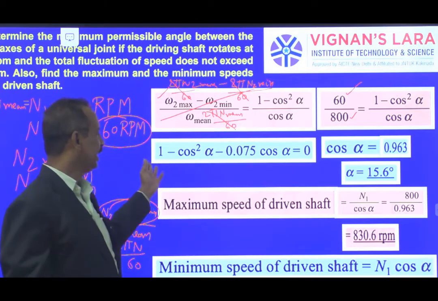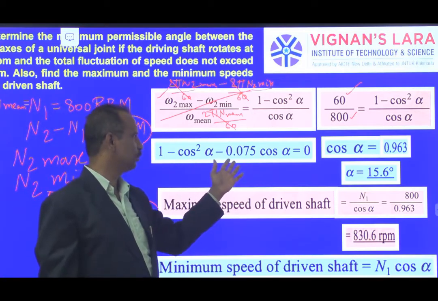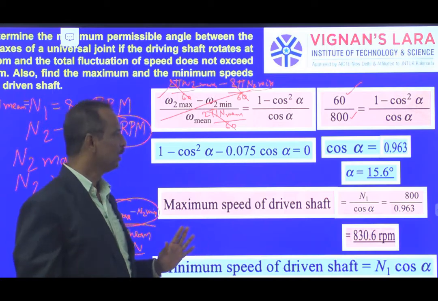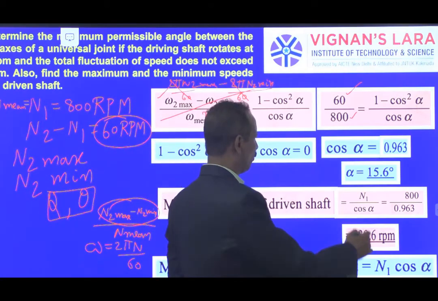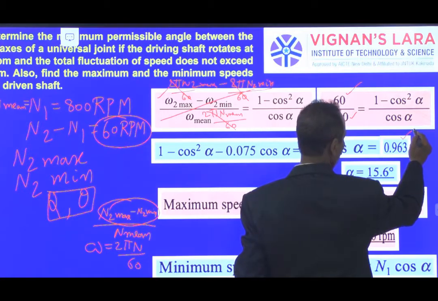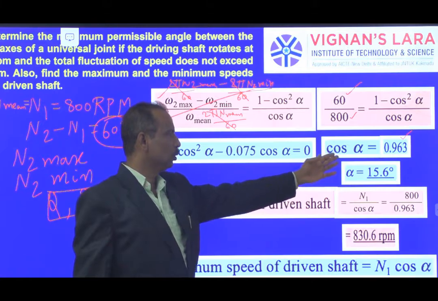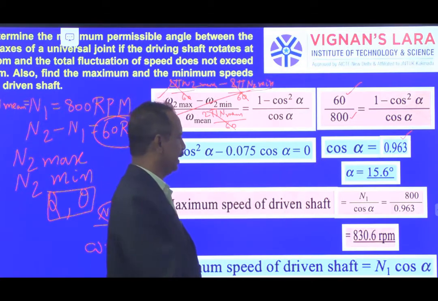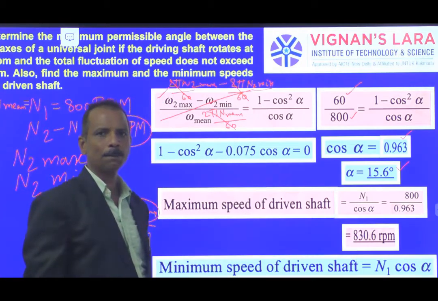Similarly here, the equation is in terms of alpha. If you derive this, the cos alpha value becomes 0.963. So alpha is equal to cos inverse 0.963, that gives alpha 15.6 degrees.